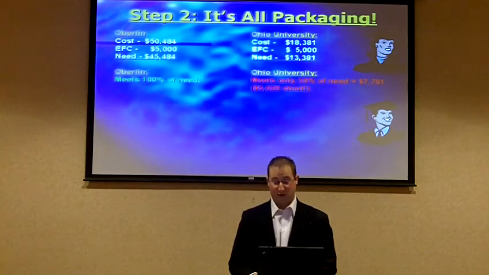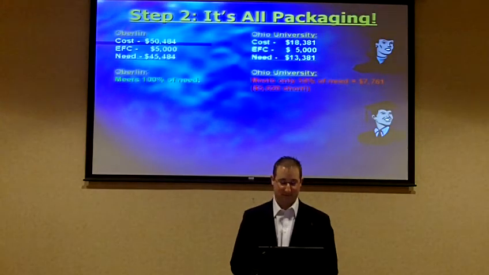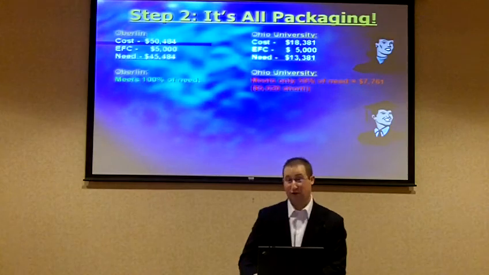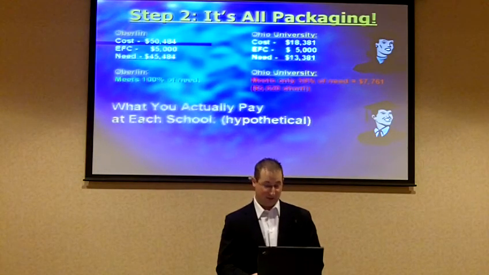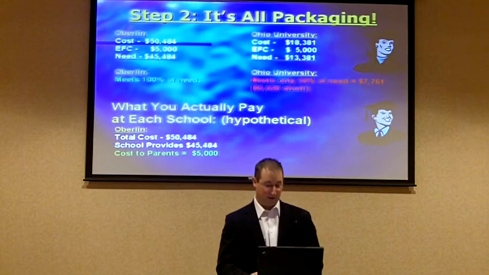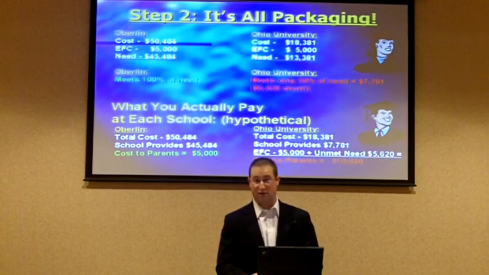That gives you a need of only $13,000. So Ohio University is cheaper, right? Wrong. Ohio University only meets 58% of your need. What does that mean? Bottom line, total cost to go to Oberlin was your expected family contribution, $5,000. Ohio University, twice as much, $10,000.